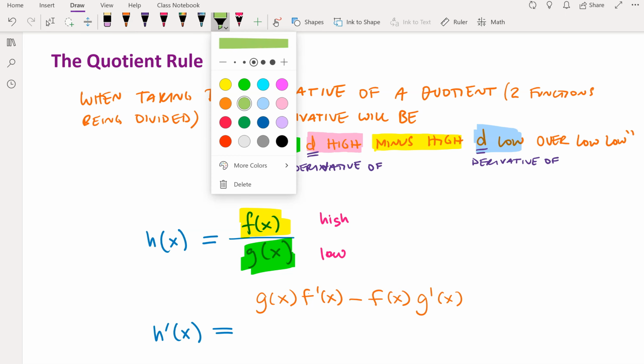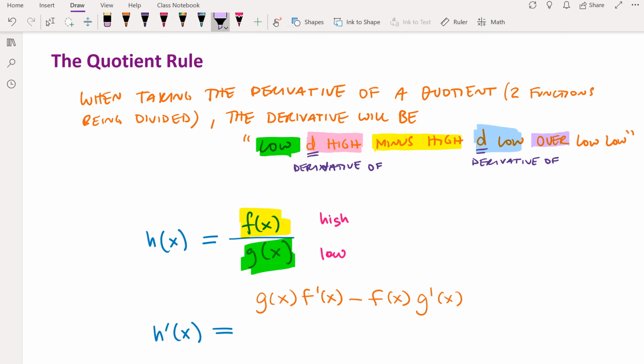over means divide. Low can also be written as low times low, which would be low squared, but we say low low. So that part means put that all over, divide, low squared.